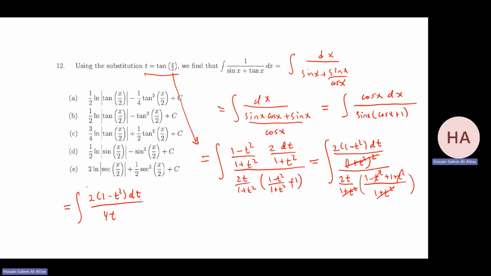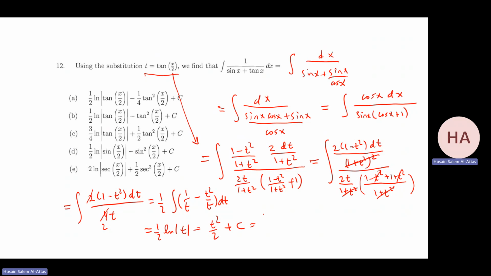So 2 with 2, I have half the integral of 1 over t minus t squared over t dt. That gives me half ln t, and the second term is minus t squared over 2, plus c.